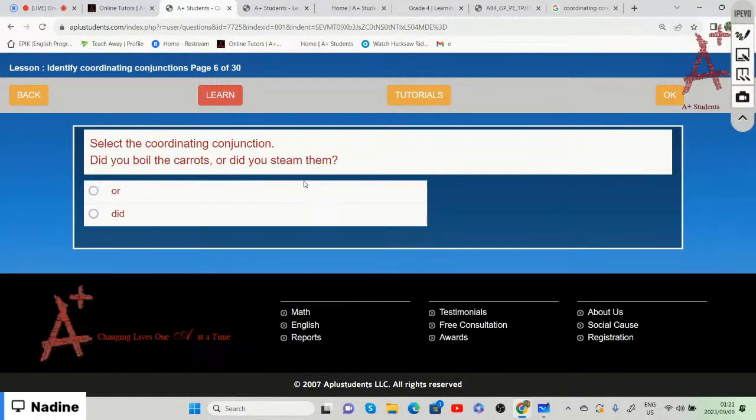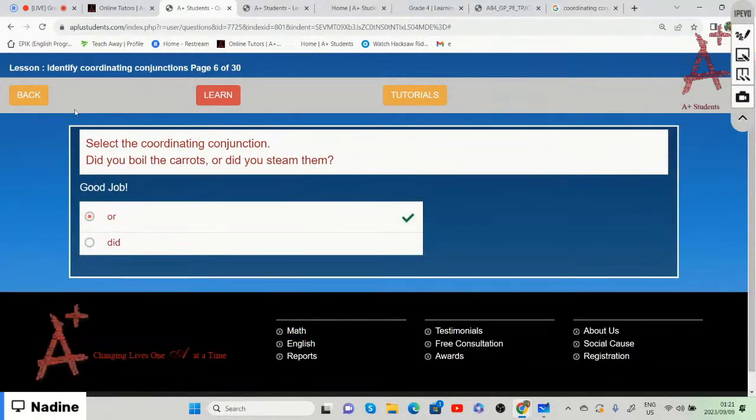Did you boil the carrots or did you steam them? So, or. We need to choose the coordinating conjunction and we will choose or.